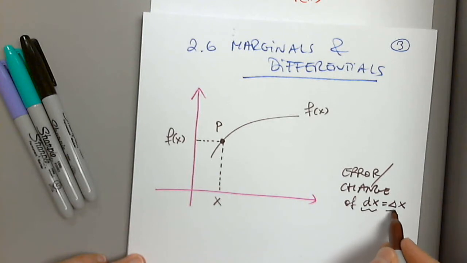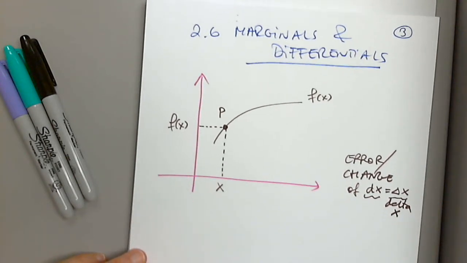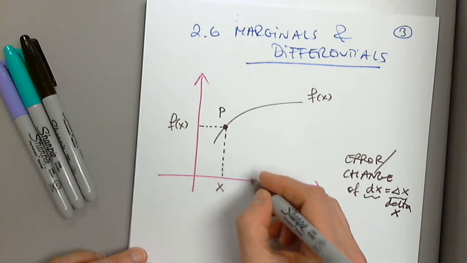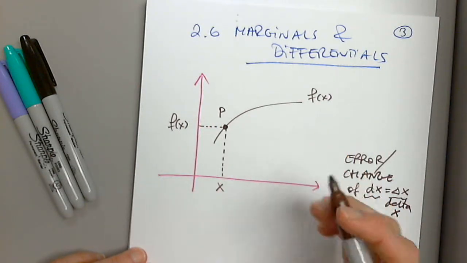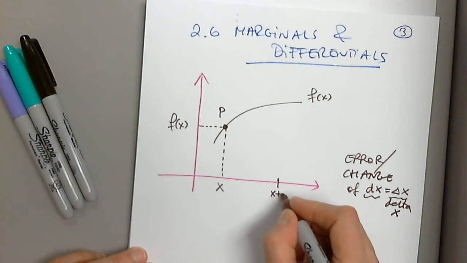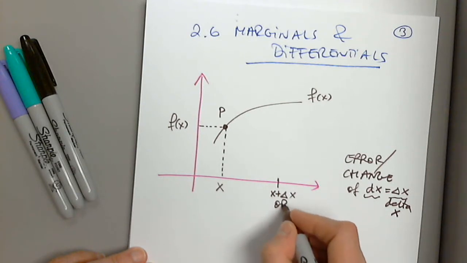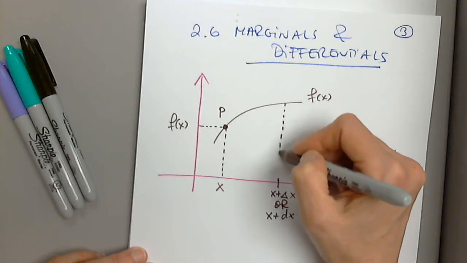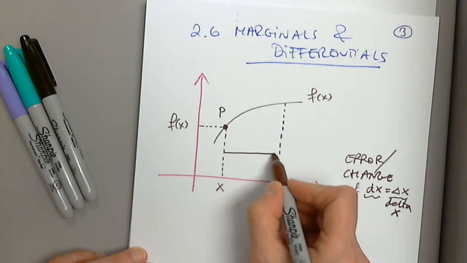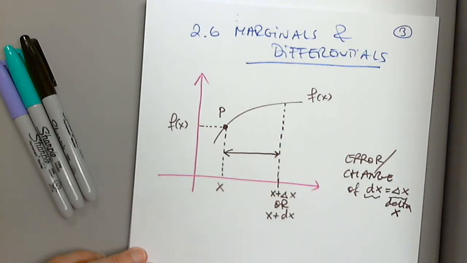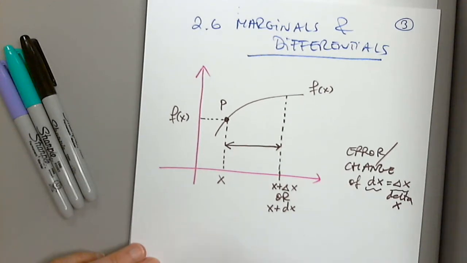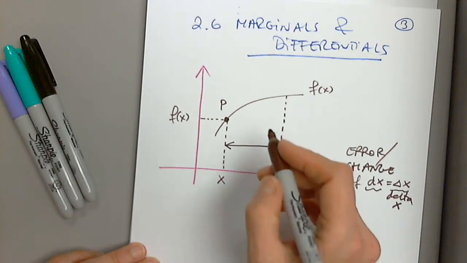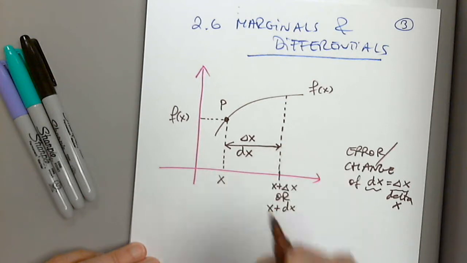This is dx and this is delta x. Tiny change in x, but I'd like to zoom in. So I'm going to say this is x plus delta x or x plus dx. This is obviously what? x plus just the delta x, right? Delta x or dx.